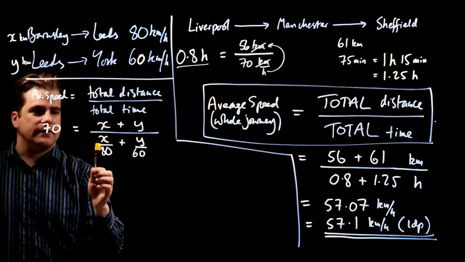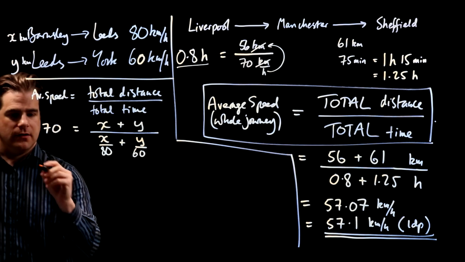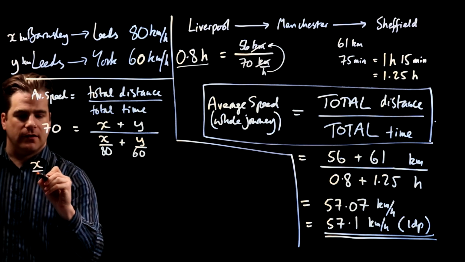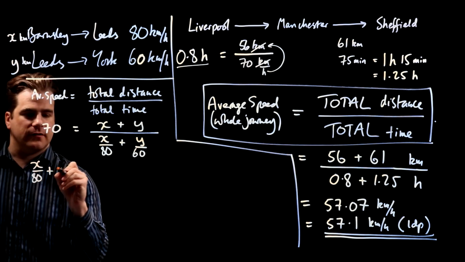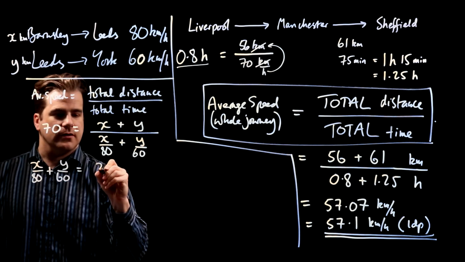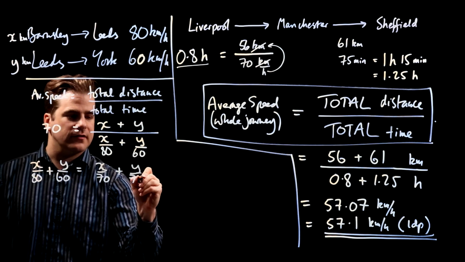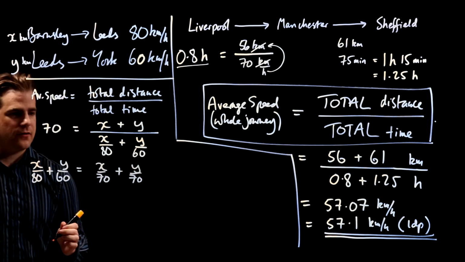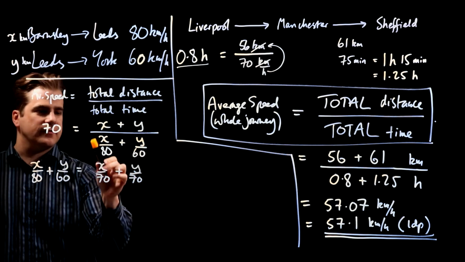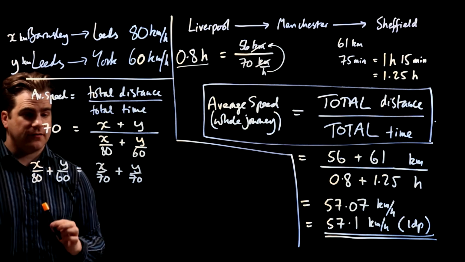So that's the equation. From here, let's bring the 70 down to this side and all this up here. So we get X over 80 plus Y over 60 is equal to X over 70 plus Y over 70. In other words, I've multiplied both sides by that, brought all that lot up here, and divided both sides by 70.